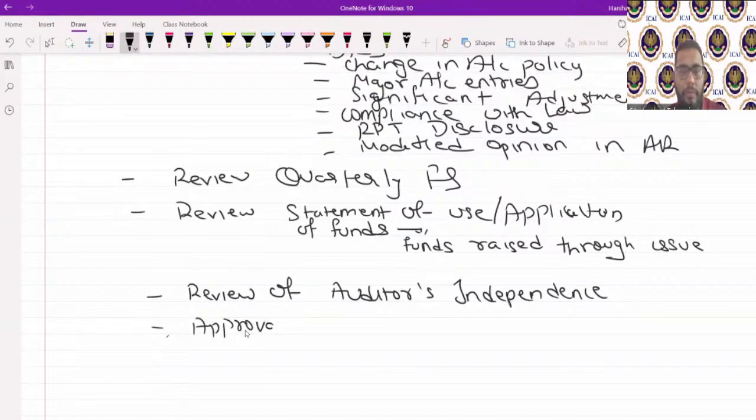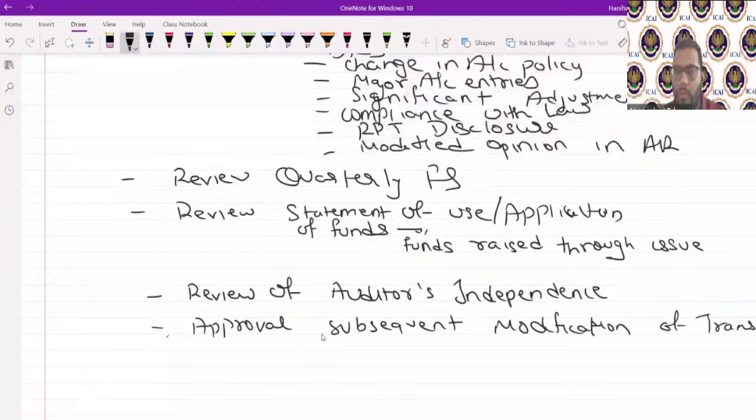Approval of subsequent modification of transactions. If there is a subsequent modification in some of the transactions with related party, then yes, approval is required from audit committee.